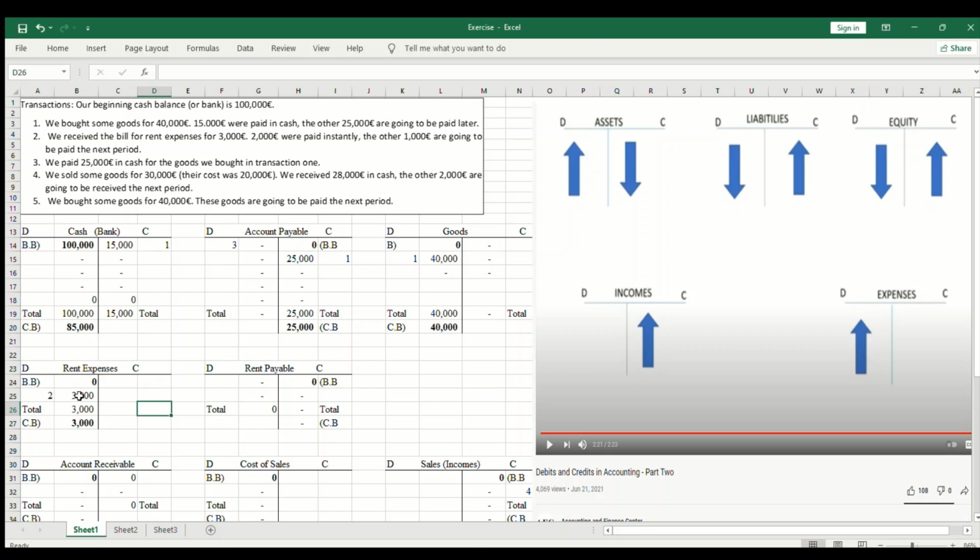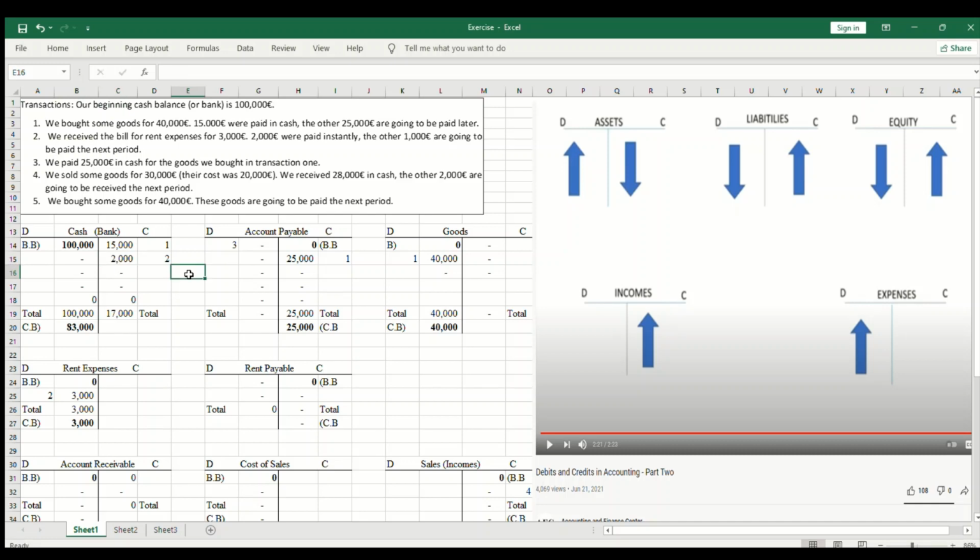So we recorded in transaction 2 rent expenses for 3,000 euros on the debit side. Then the transaction says that 2,000 euros were paid instantly. So we record 2,000 euros in transaction 2 on the credit side of cash or bank.